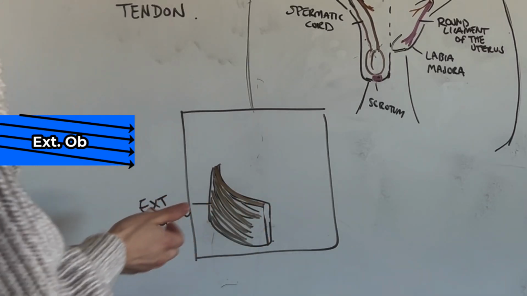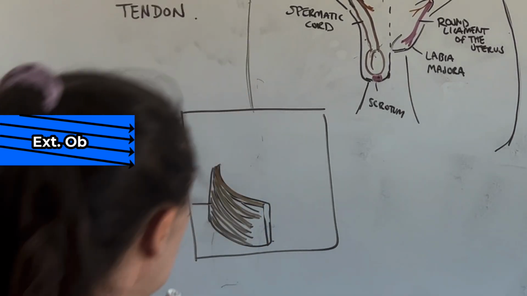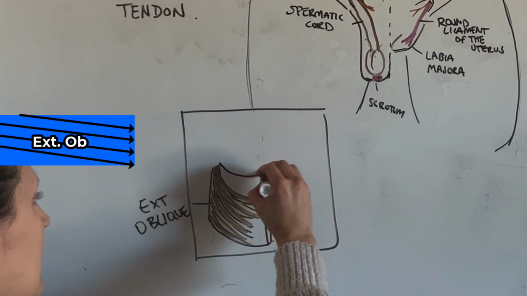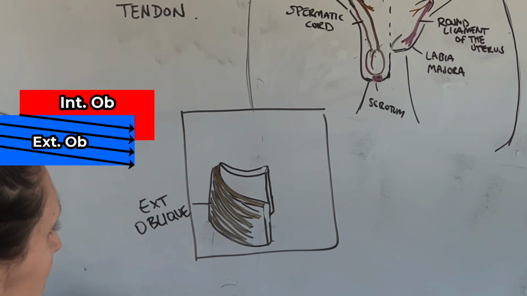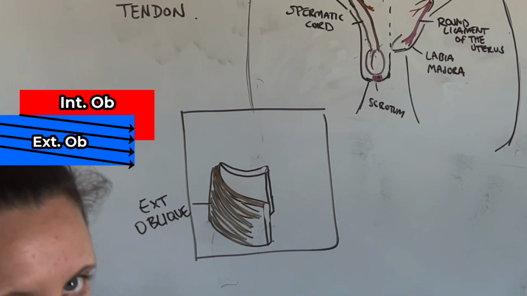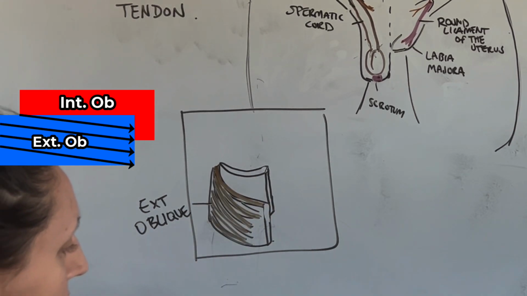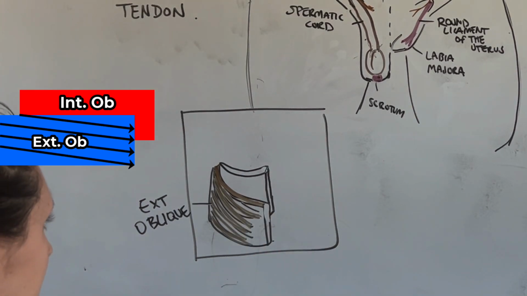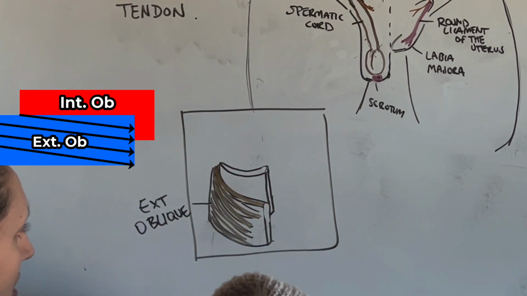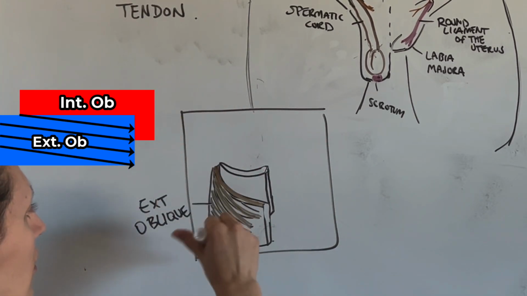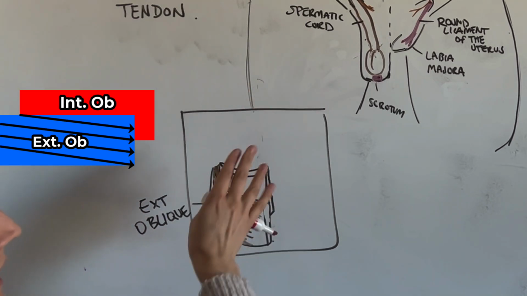If we were to peel it off a little bit, the next layer we would see underneath it is an internal oblique. What's the difference between external and internal oblique? Fiber direction. I'm actually going to make it red just so it's obvious. While this one was hands-in-pockets direction, which is really inferior and medial, this one is going to be more up and in.